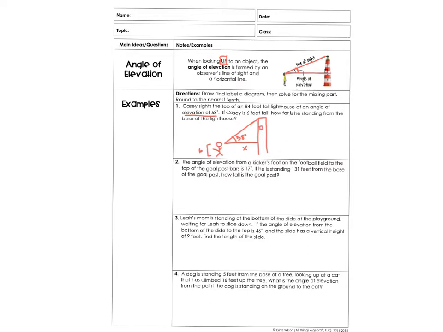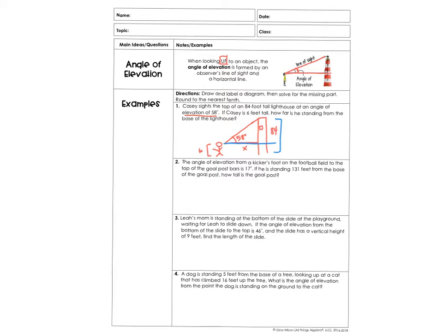Let's just do this. Okay, it says Casey sights the top of an 84-foot tall lighthouse. So the lighthouse is 84. Now, it's important to understand that this whole distance is 84. But our horizontal line cuts this at Casey's eyesight, which is at 6 feet.